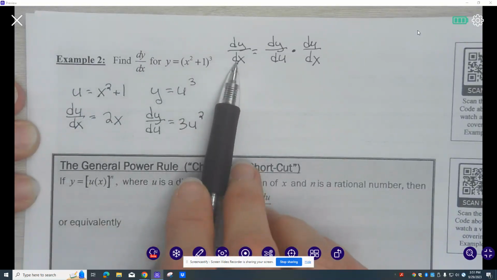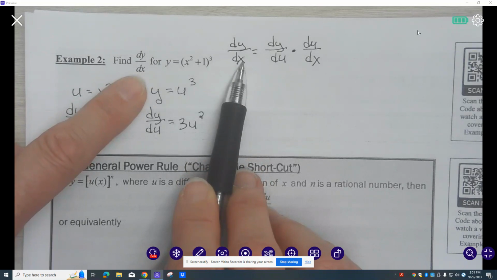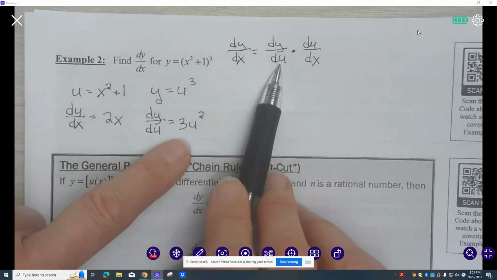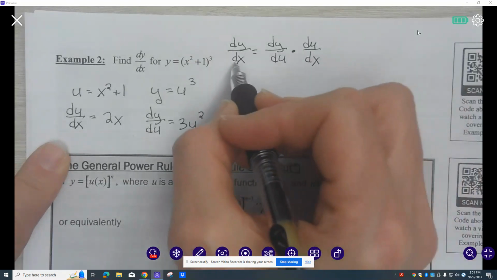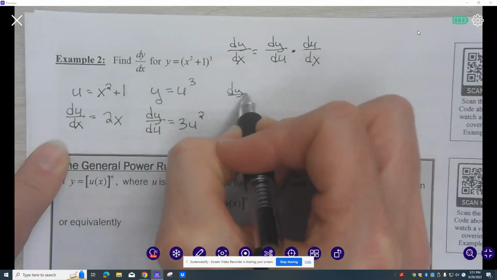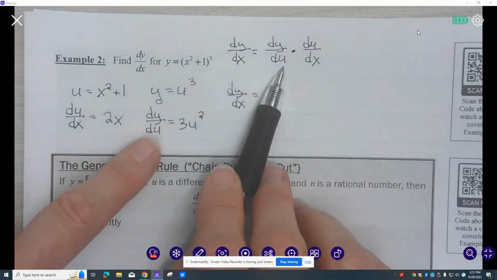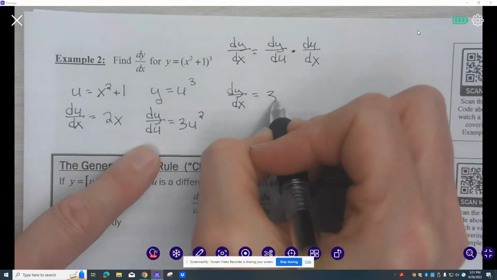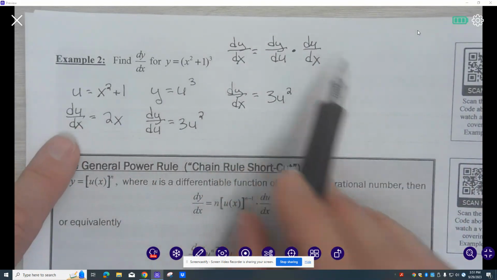Now this says if you want to find dy dx, which is what we want to find, you're going to multiply dy du by du dx. So dy dx is going to be equal to dy du, which is right here, 3u squared, times du dx, times 2x.